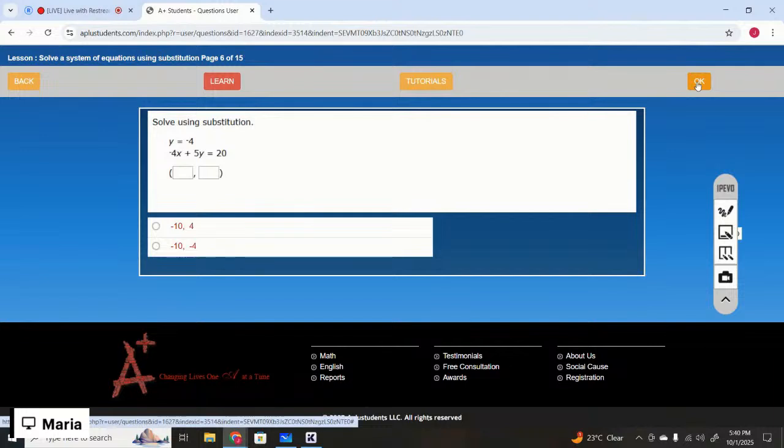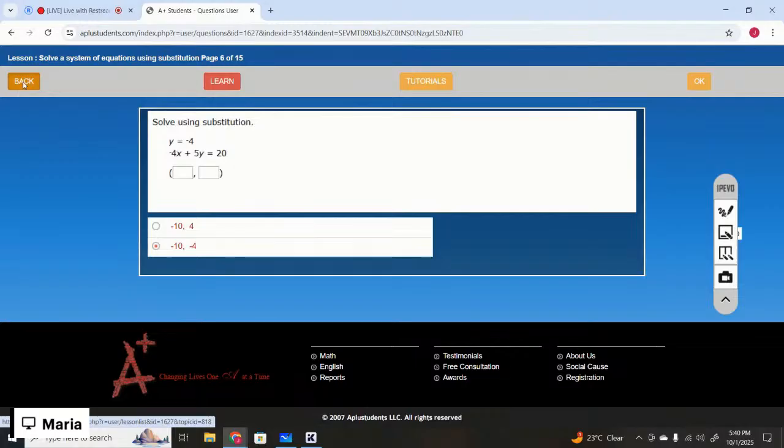Y equals negative 4 and negative 4x plus 5y equals 20. So which is the correct option? Option number 2 is the correct option, that is negative 10 and negative 4.